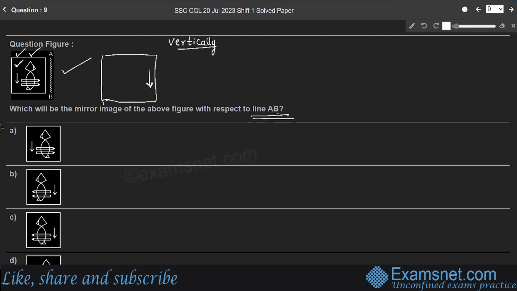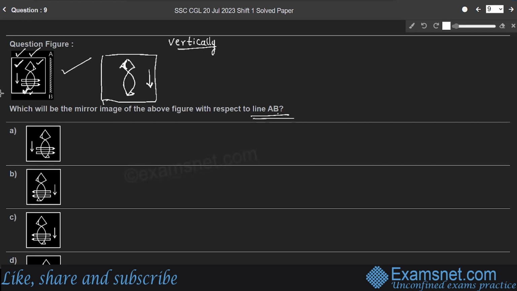Whereas the remaining portions, the kite-like portion above, will be the same. There is a small curved portion to the right of the given figure, so it appears to be to the left of the image. This curved portion will be to the left of the image. At the end there is a small triangular portion in the given figure, which is to the left of the figure, whereas in the image this will be to the right.